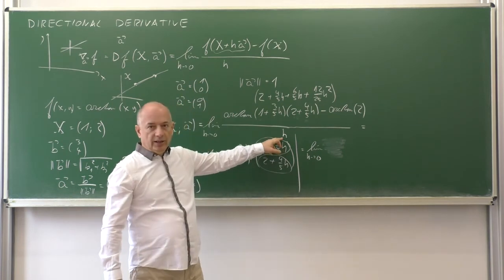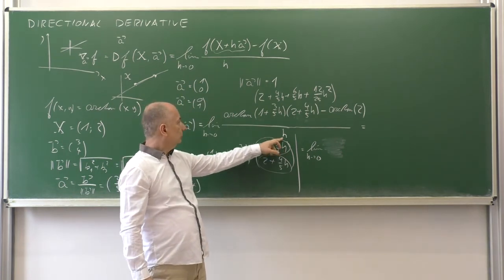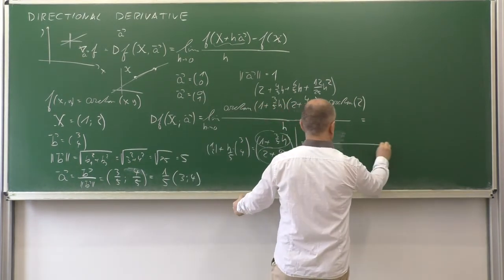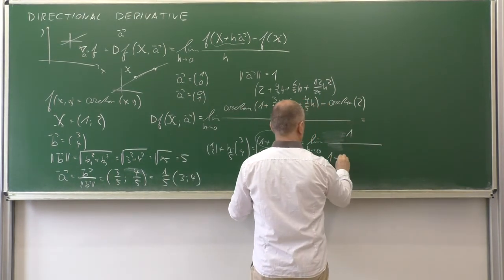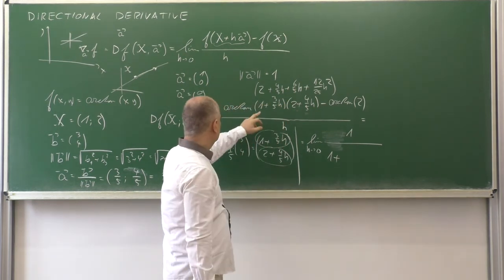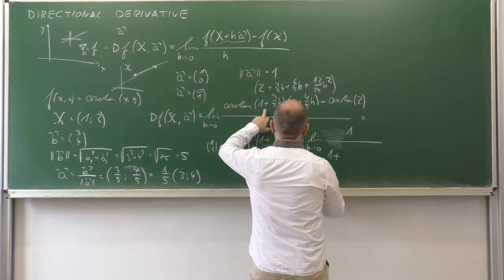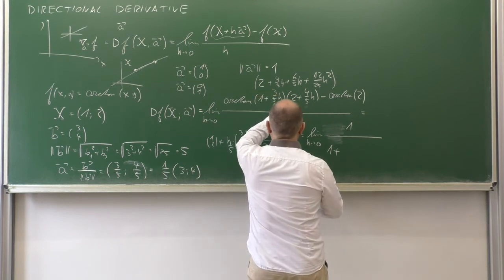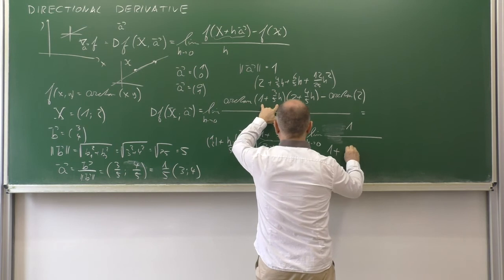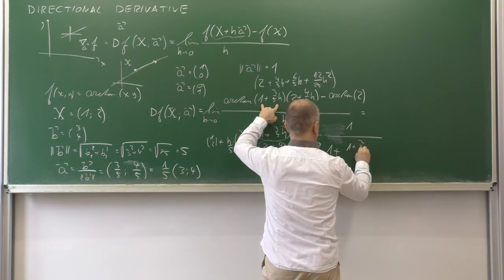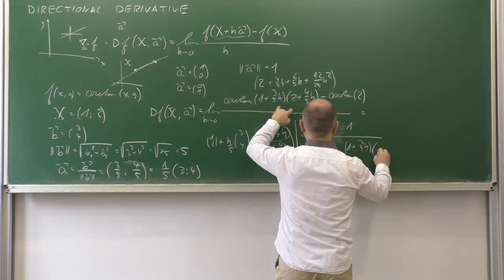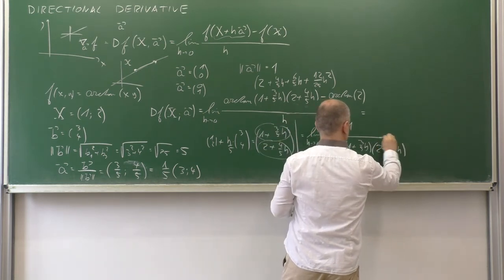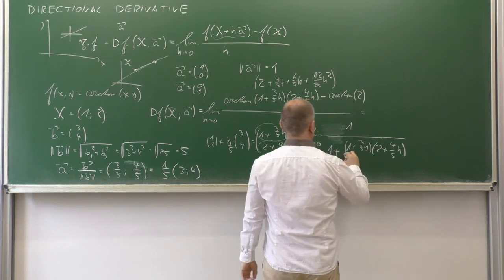The derivative of h with respect to h is 1, and the derivative of arctangent is 1 over 1 plus square of the argument. Well, now we can use this in the unexpanded form. 1 plus 3/5 of h times 2 plus 4/5 of h, and square of that.